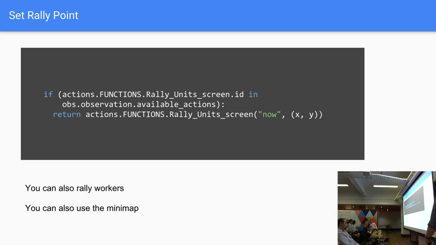So this is one of those examples where they just designed it to be generic and it sort of fits. And then give the X and Y coordinates. You can change units to workers and rally your workers. And you can use a minimap instead of a screen, which might be a little bit tricky if you're rallying workers. You don't know where they're going to end up.